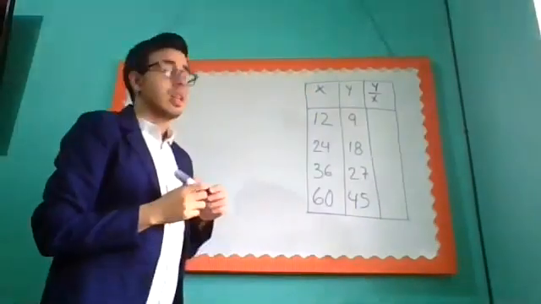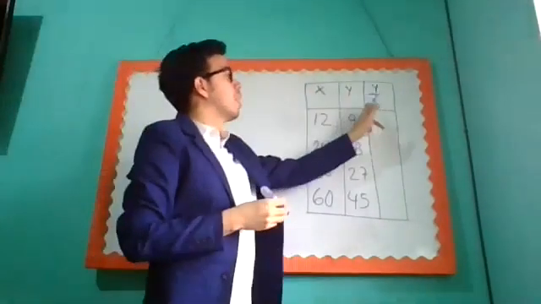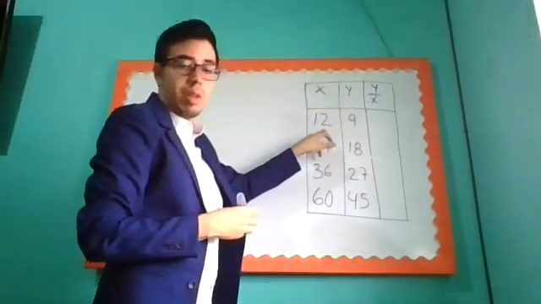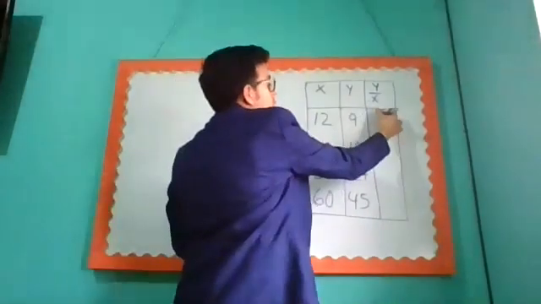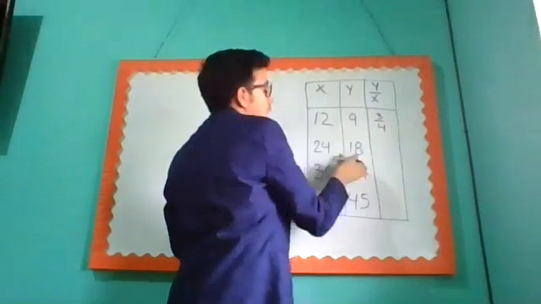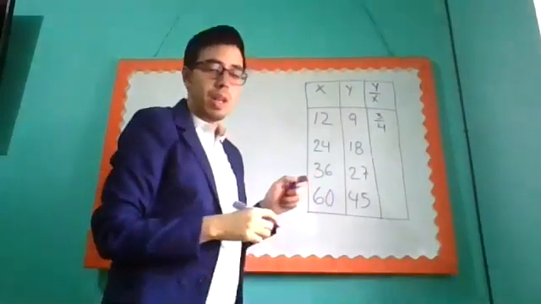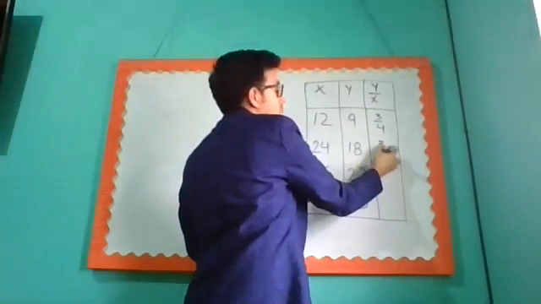If we divide y over x, 9 over 12, you obtain 3/4. You divide 18 by 24, again you obtain 3/4.